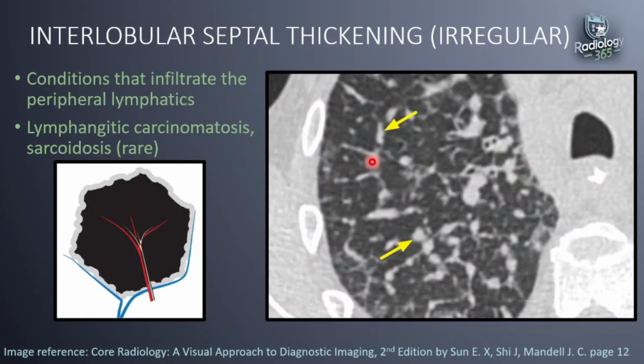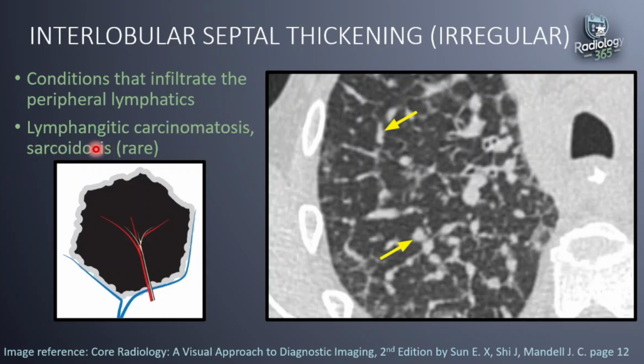Conversely, when you have irregular nodular interlobular septal thickening, it could be a matter of certain metastatic deposits within the lymphatics, and we know that the lymphatics are in the periphery of the interlobular septa. So that would be a case of lymphangitic carcinomatosis, which is actually quite rare, but is usually one of the very first differentials that you should think of when you see nodular or irregular interlobular septal thickening.